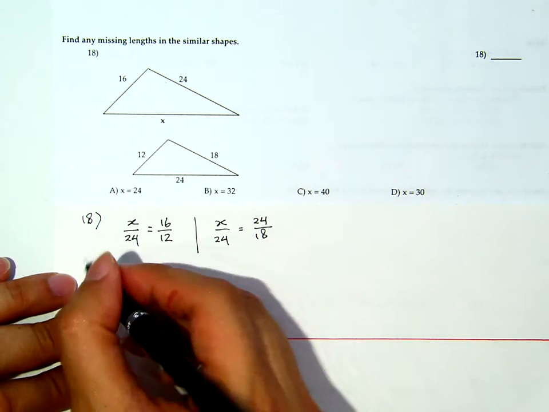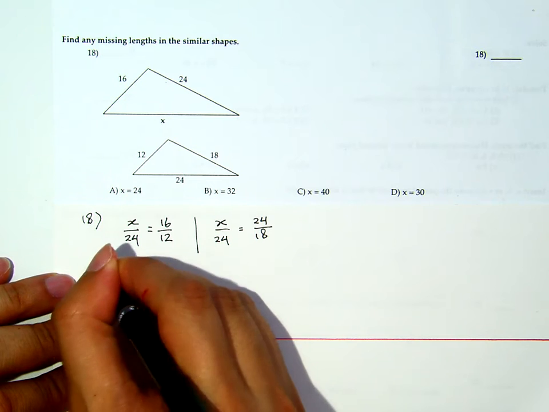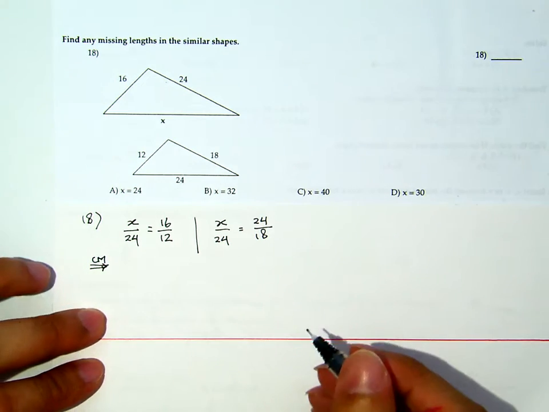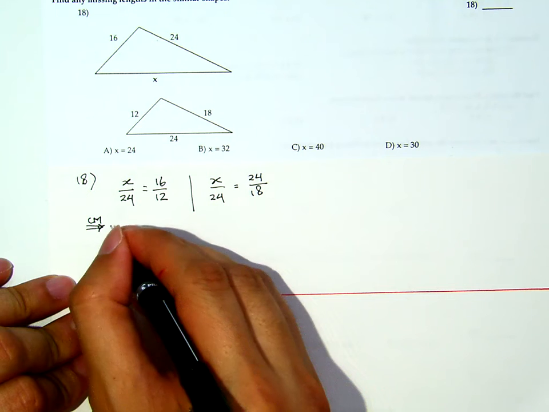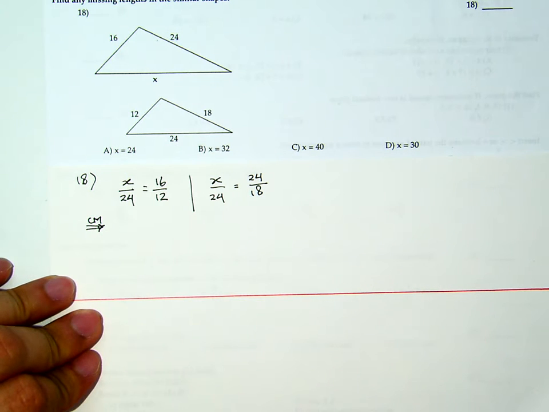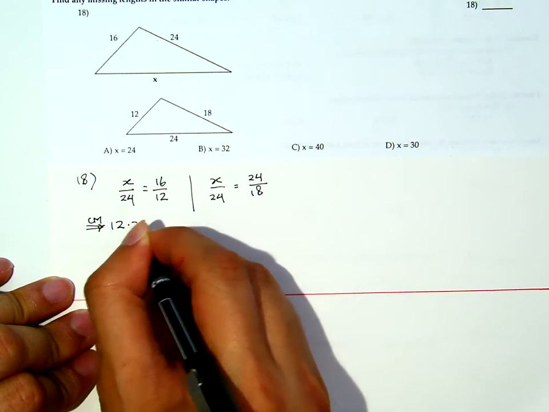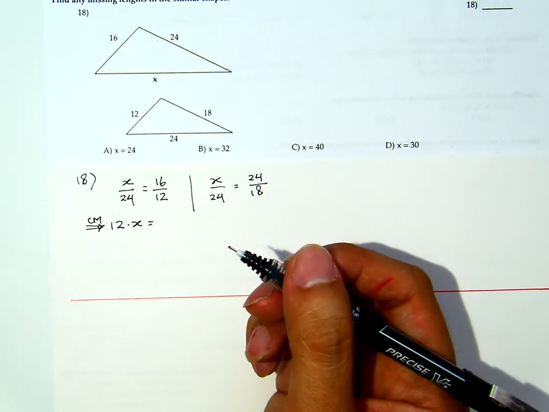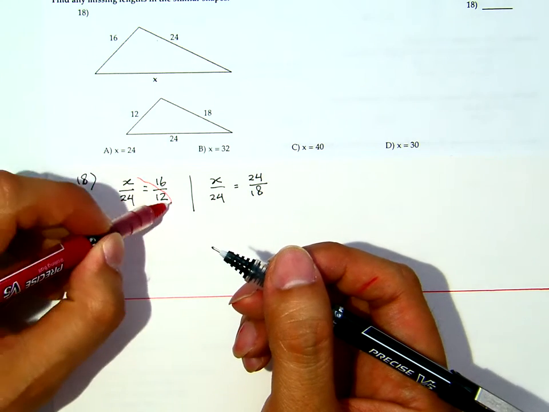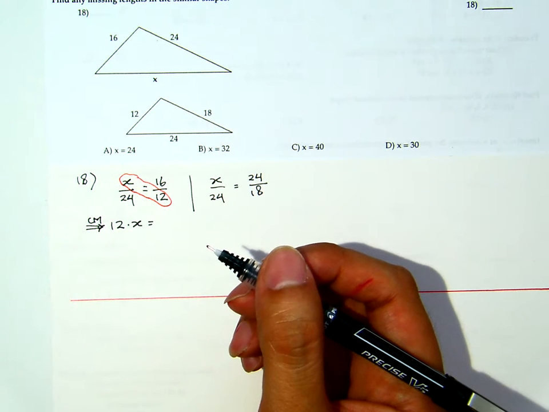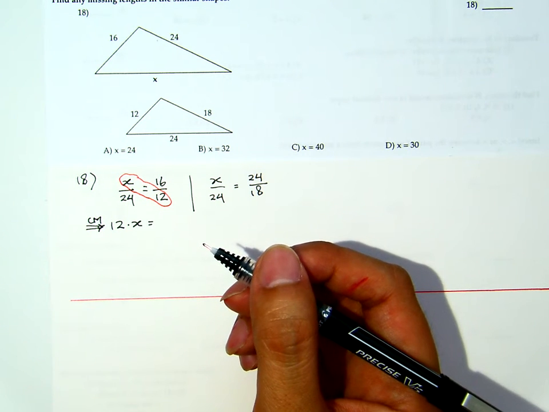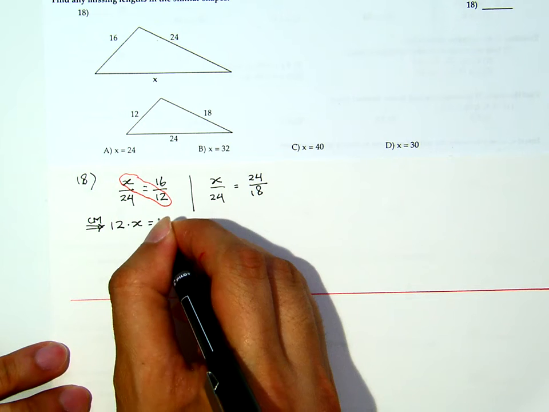Now when we solve a proportion, the first thing we may consider doing is cross multiply. Not cross cancelling, by the way. Cross cancelling is when you multiply two fractions. Cross multiplying is when you are solving a proportion. It is done by, see, 12 times x, and then 16 times 24.